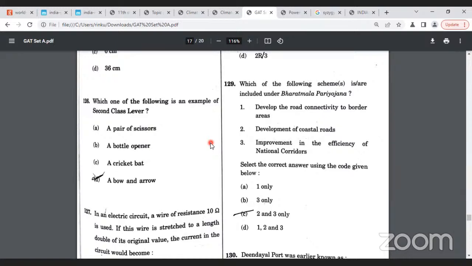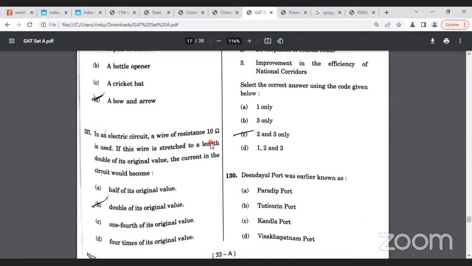Then the next thing that we required from our roads is border connectivity and the efficiency of the economic corridors. We are trying to better the road quality and the general road infrastructure in the national as well as the economic corridors. So the third statement is true. We are also trying to develop the coastal as well as the border areas under Bharatmala Pariyojana. So all three statements are correct. So your answer should be D, 1, 2, and 3.